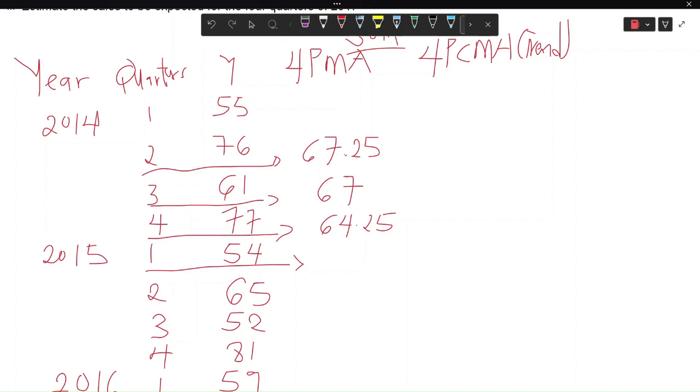The next one too is 77 plus 54 plus 65 plus 52, divided by 4.